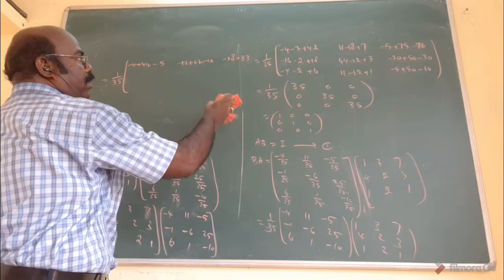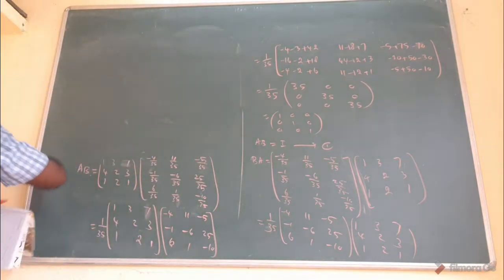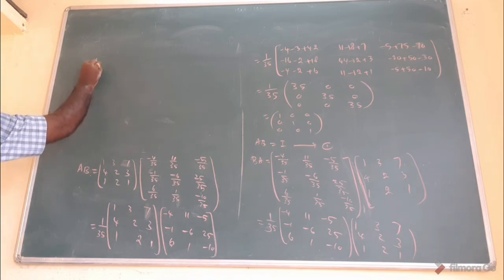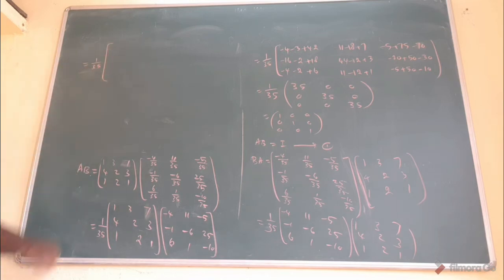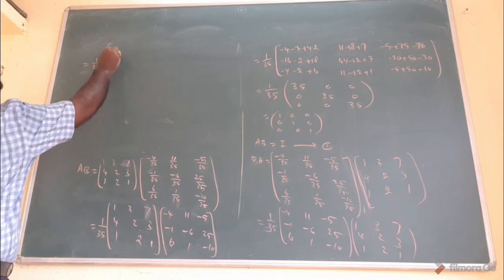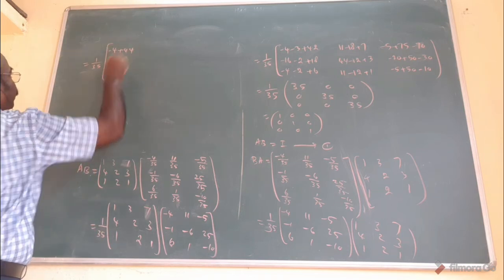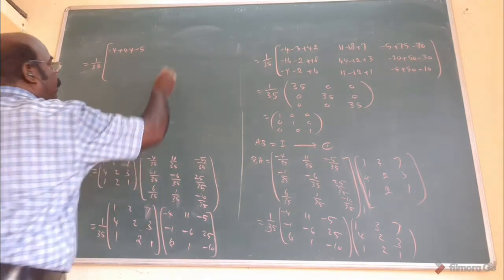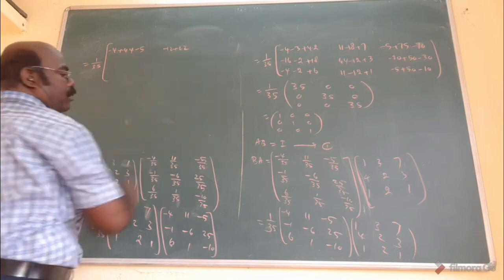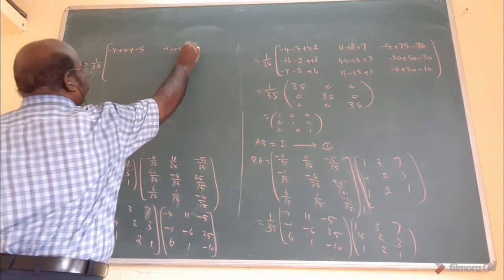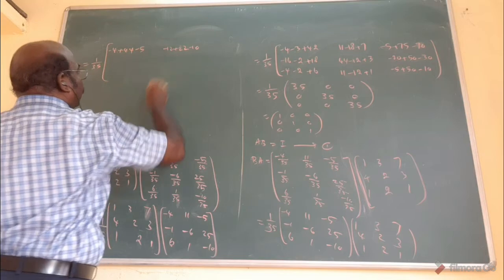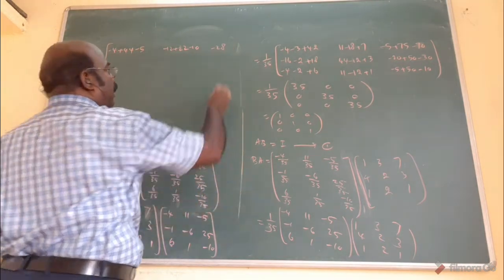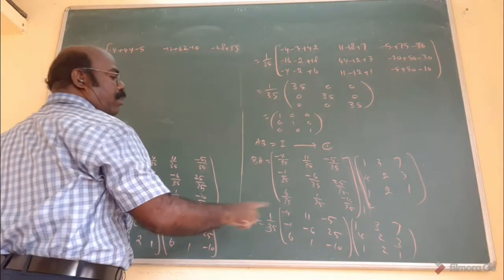So I got this one. Always you start with here. 1 by 35, put the bracket. Minus 4 plus 44 minus 5. Next say, minus 12 plus 22 minus 7. Last say, minus 28 plus 33 minus 5.